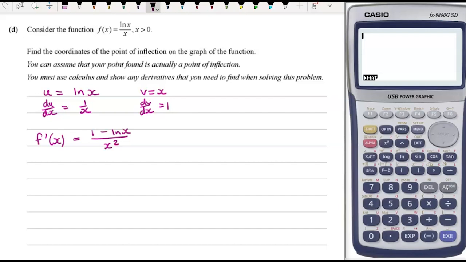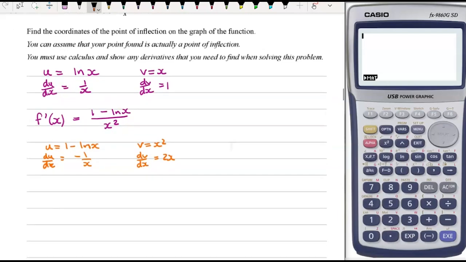Now we've got to find the derivative of that for the second derivative, so we've got another quotient rule. This time u is 1 minus natural log of x, v is x squared. So du by dx is minus 1 over x, and dv by dx is 2x.